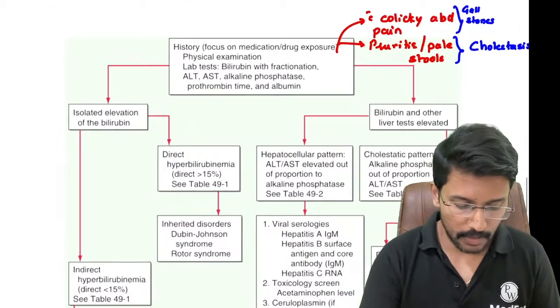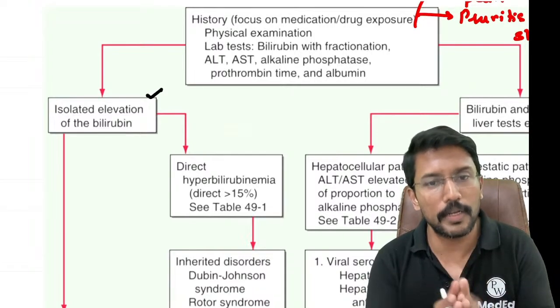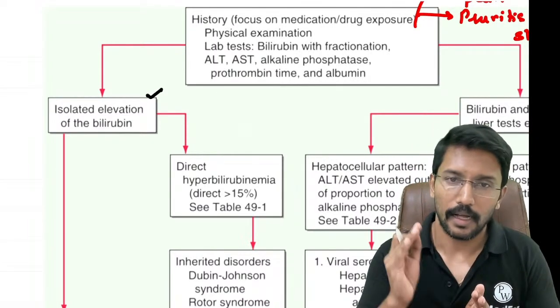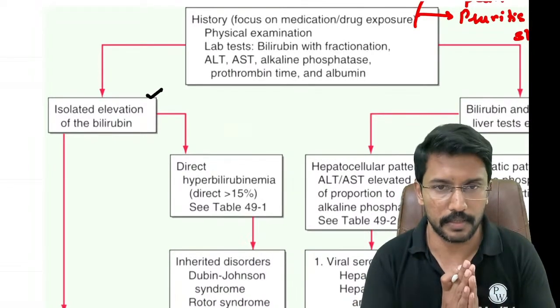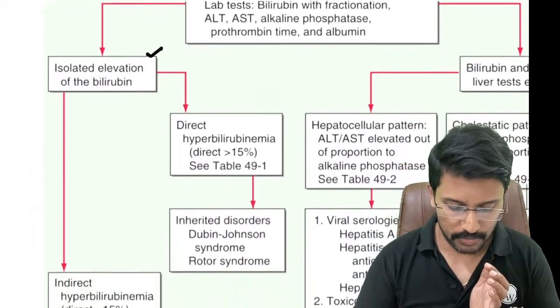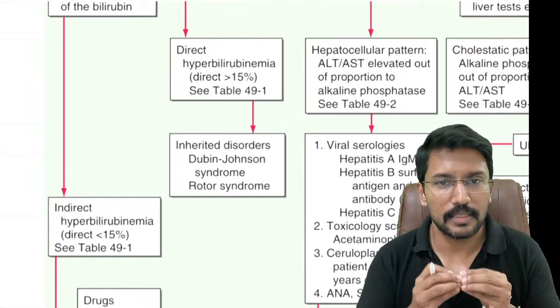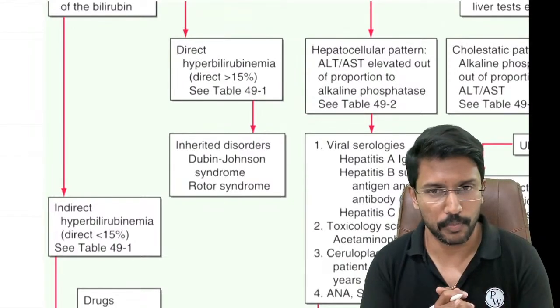Right? So in the LFT, if I have isolated elevation of bilirubin, means only bilirubin is elevated. AST, ALT, alk phos, other parameters are normal. Only bilirubin is elevated. How do I approach in that case? If only bilirubin is elevated, we have to look whether it is direct predominant hyperbilirubinemia or indirect hyperbilirubinemia.